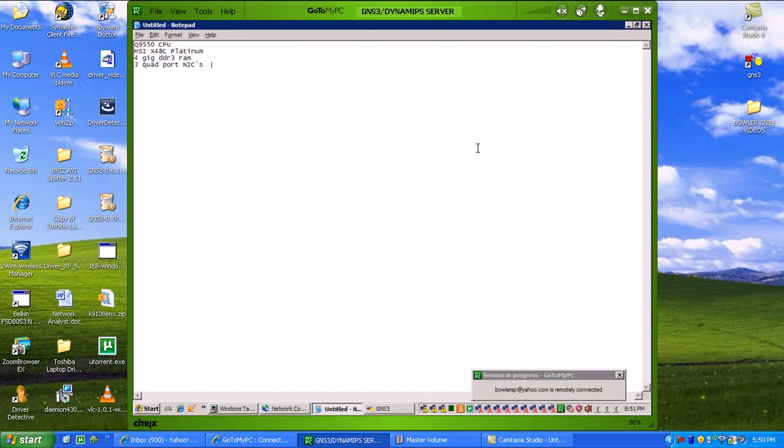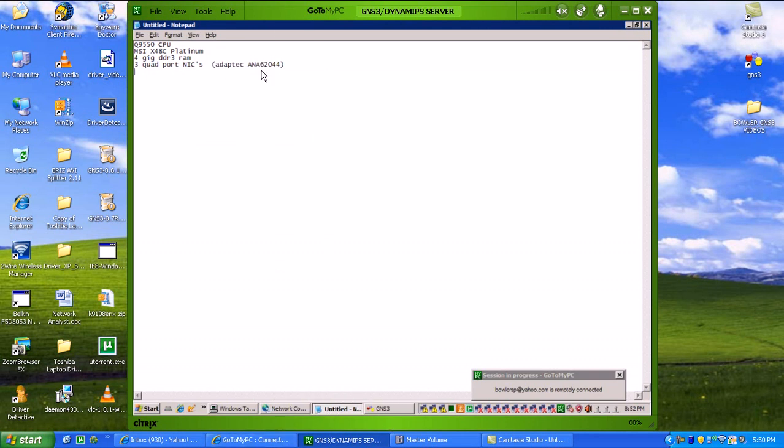So that's the actual model number, ANA 62044.